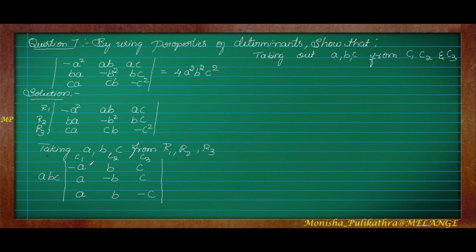That is, from C1 I will be taking out only A, from C2 only B, from C3 only C. So this will become A square, because two times I have taken all the three letters, A square, A, B and C. So A square, B square, C square. In the first column I have taken A, so remaining is minus 1, 1 and 1. In the second row I have taken B, so 1, minus 1 and 1. In the third row I have taken C, so 1, 1, minus 1. So this is remaining here.